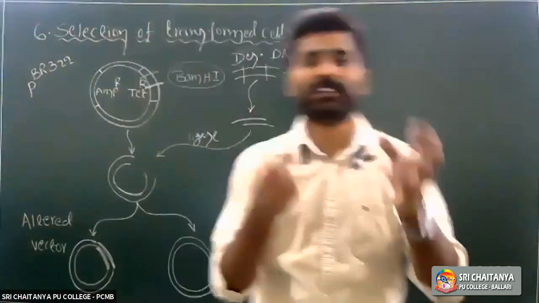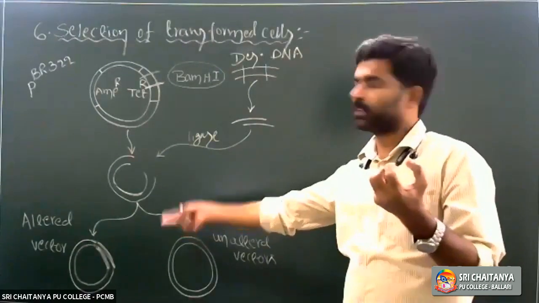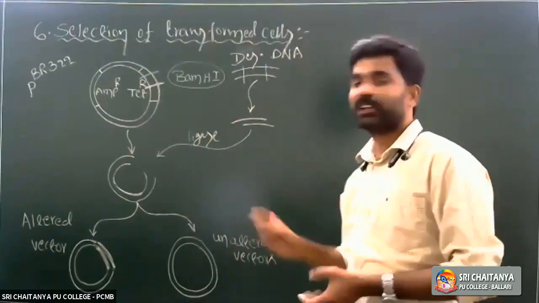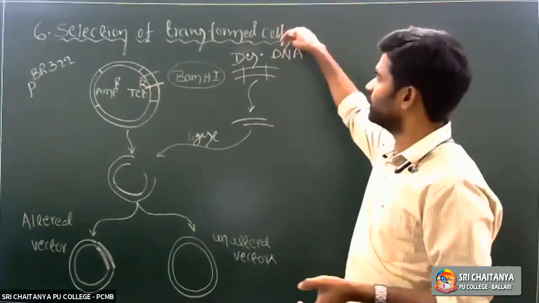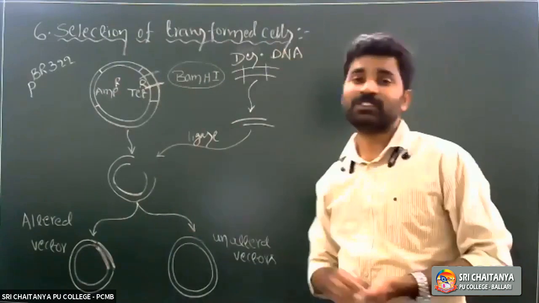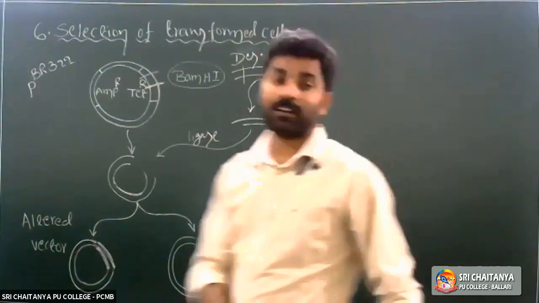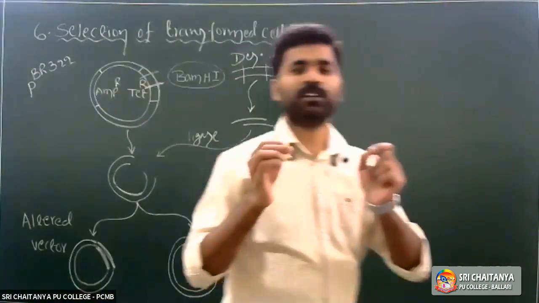Because some vectors have inserts; we call them altered vectors. But some vectors do not have any insert. It means foreign genetic material is not inserted into some vectors, so we call them unaltered vectors.